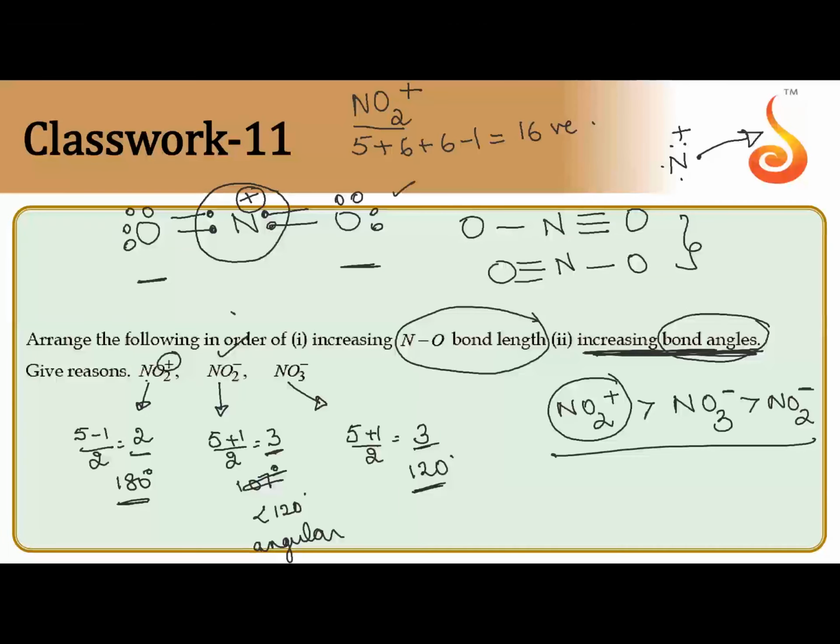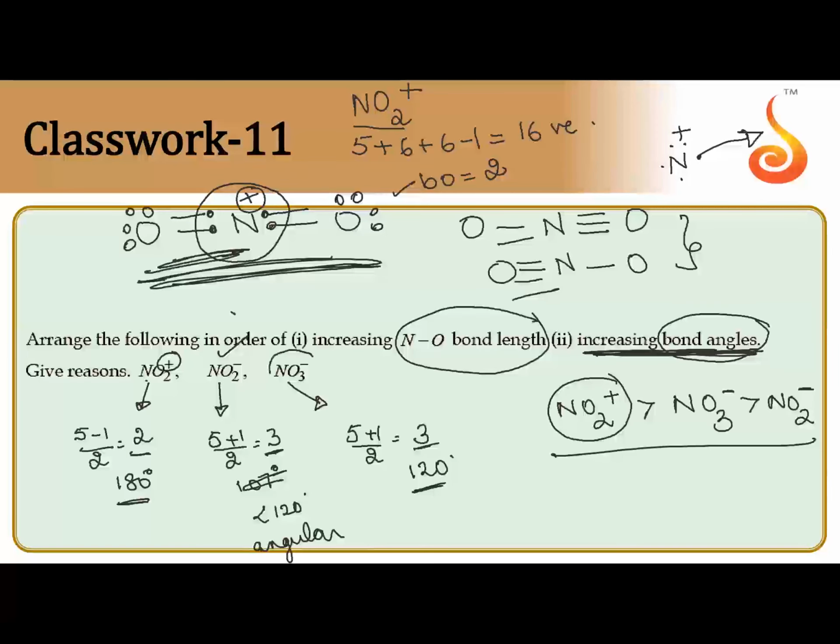So if you were to count the bond order, here it is 2. And even if you take the average, this is 2, 3, 4, 5, 6. 6 by 3 is also coming to be 2. This tells you clearly that this itself is the correct structure of NO2 plus. So bond order for NO2 plus is 2.